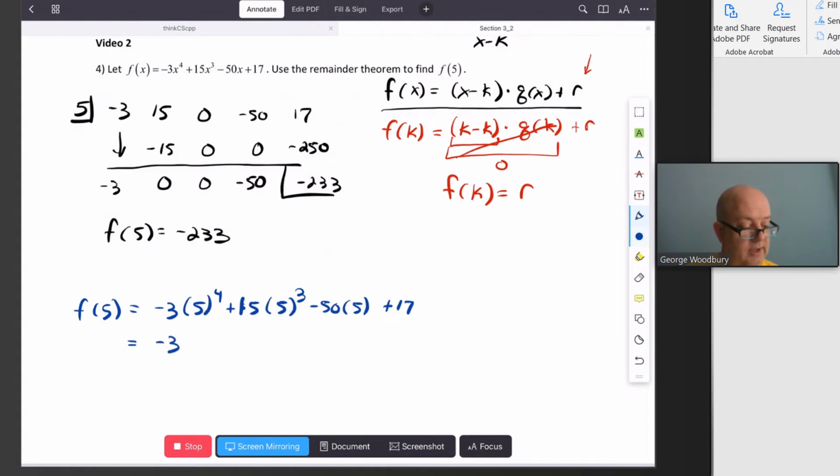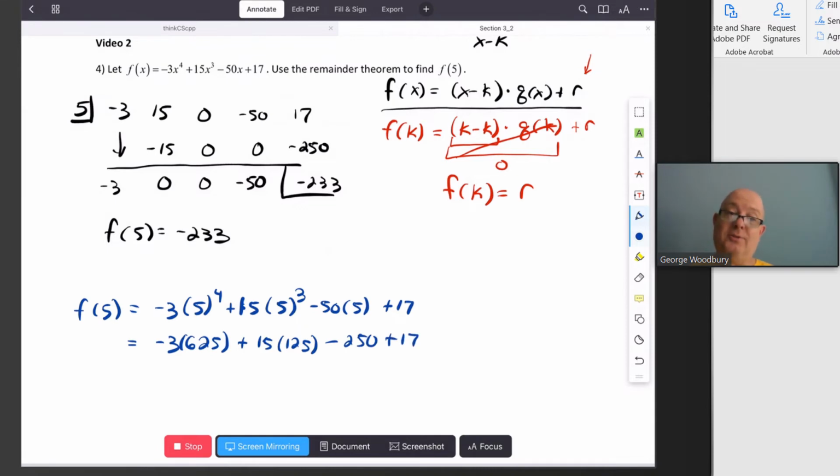So -3 times 625. 5 to the 3rd is 125. So I've got 15 times 125. Minus 50 times 5 is 250 plus 17.